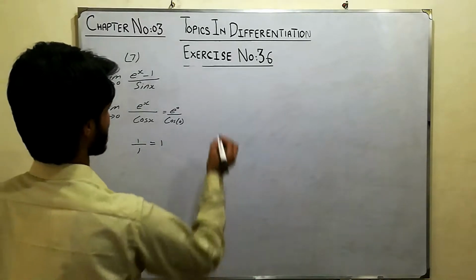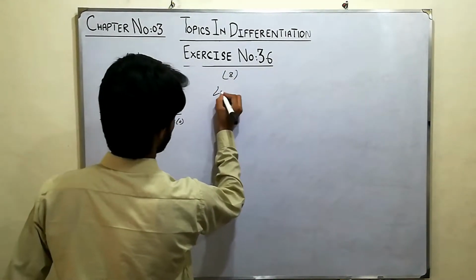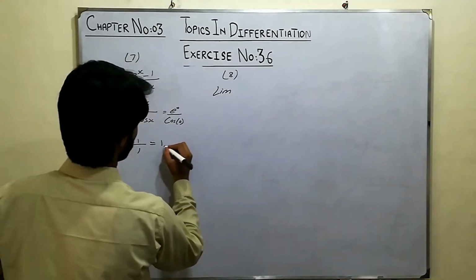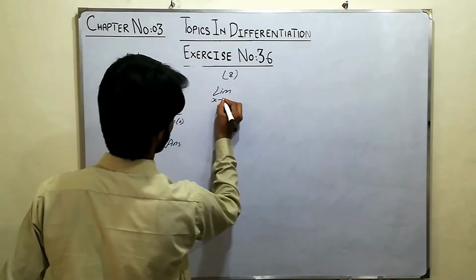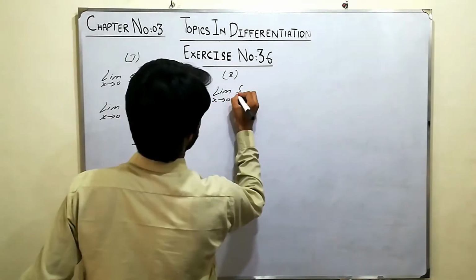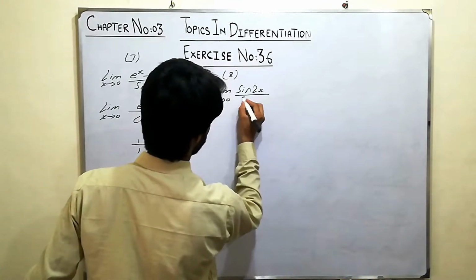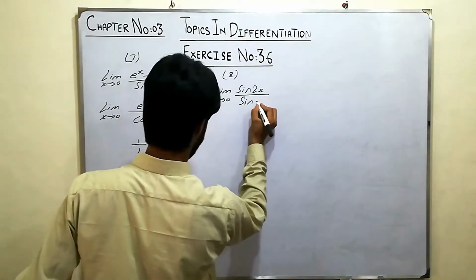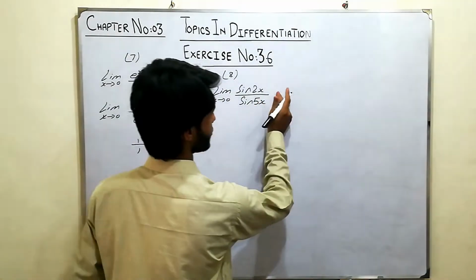The next question is question number 8. This is our answer of question number 7. Limit x approaches 0, sin 2x divided by sin 5x. If we put the limit, we have the form of 0 by 0.